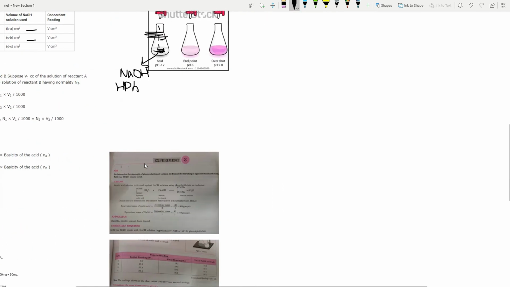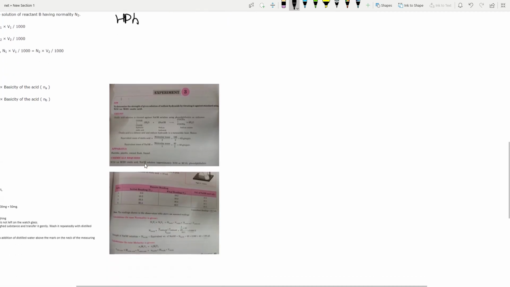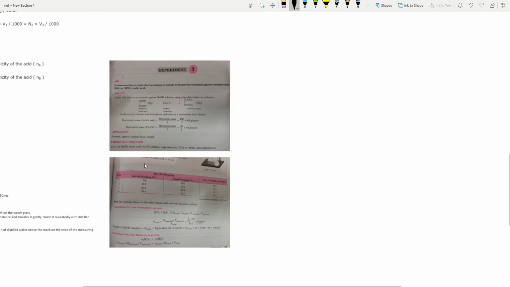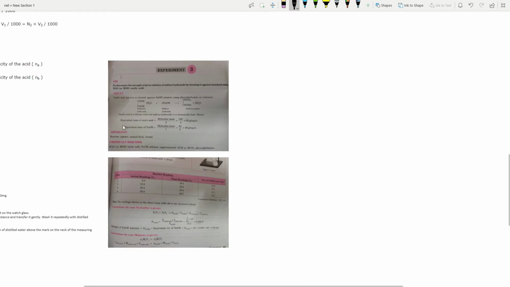I have an example, so let's understand thoroughly. First of all, you need to take out the equivalent mass for both cases, NaOH and oxalic acid. Equivalent mass is equal to molecular mass upon the n factor.